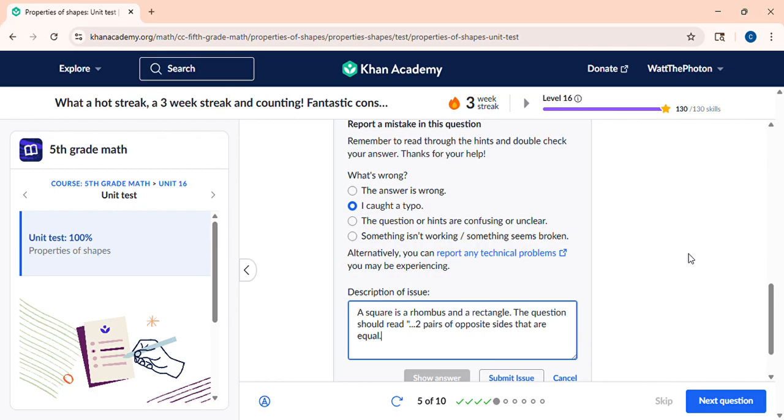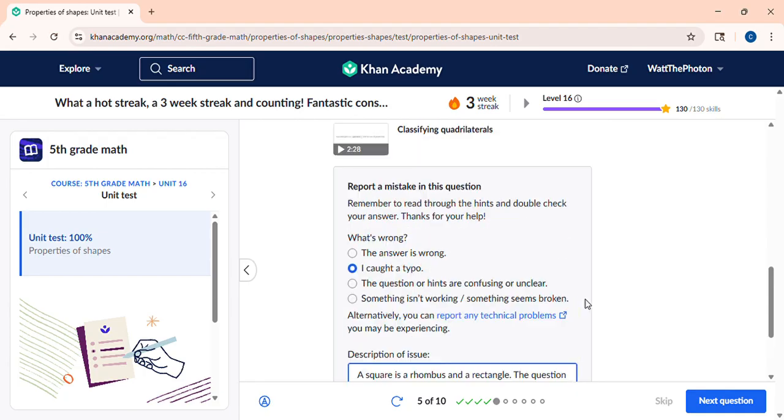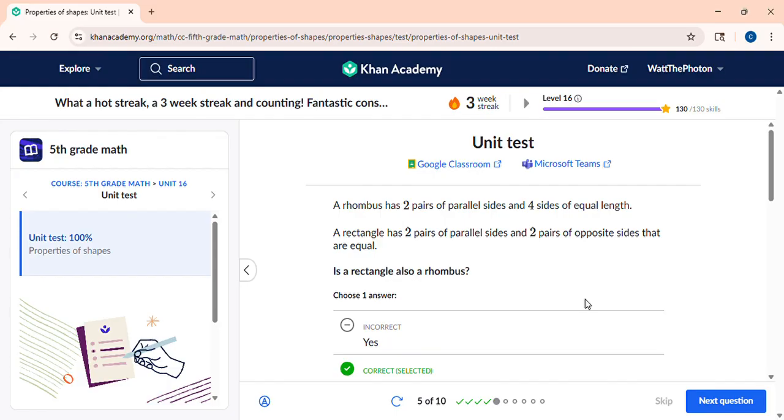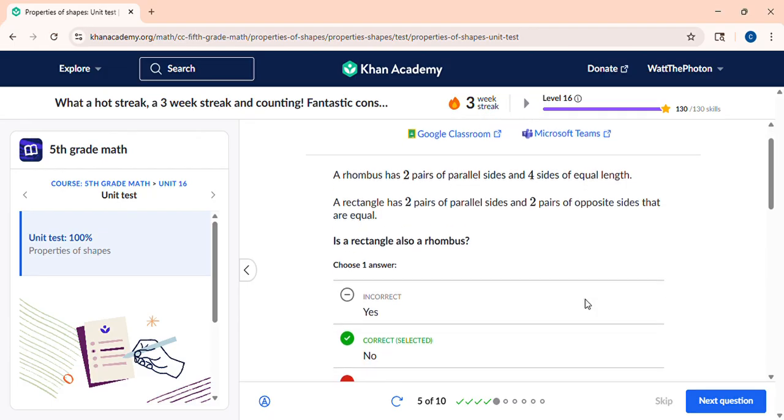A square is a rhombus and a rectangle. Is a rectangle also a rhombus? It can be.